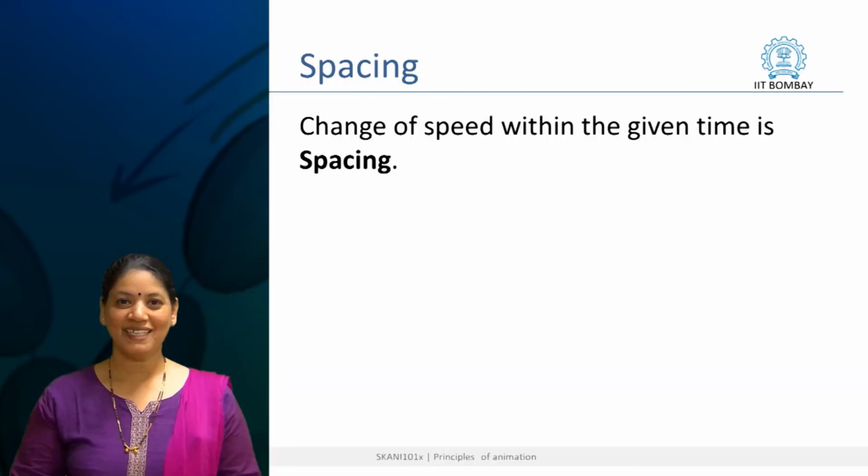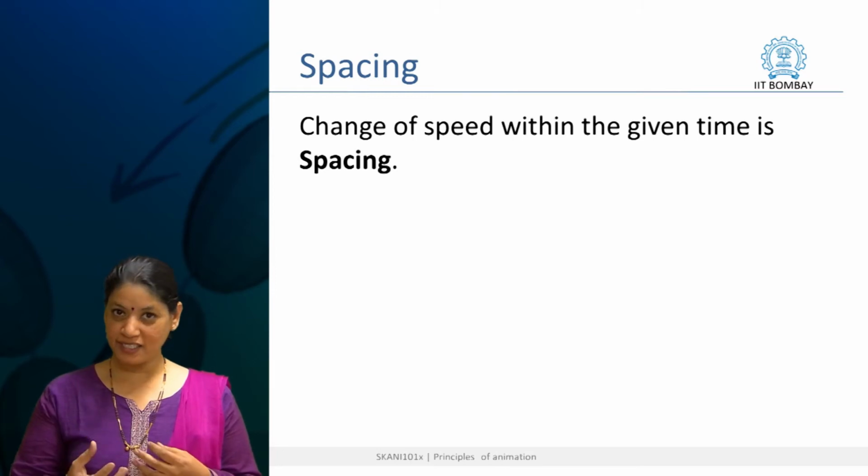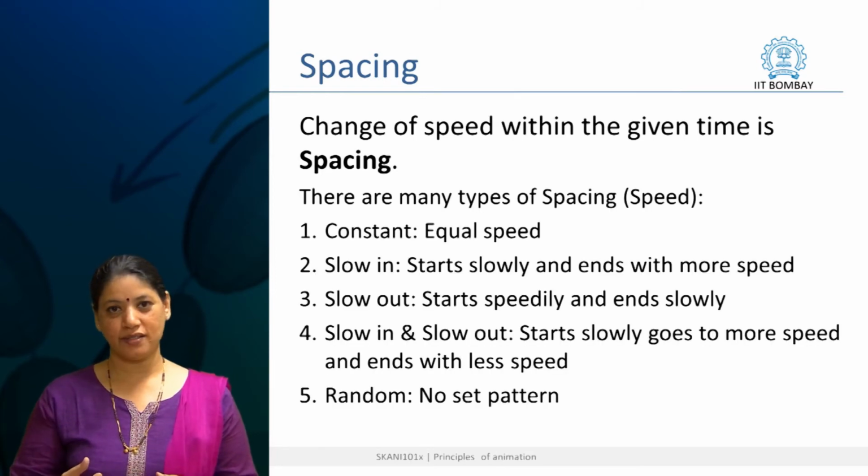A change of speed within the given time is spacing. There are various methods and options to add this speed in our animation. It can be a constant movement, ease in or ease out, or a combination of both. We can use all of them and give a random speed in our animation.